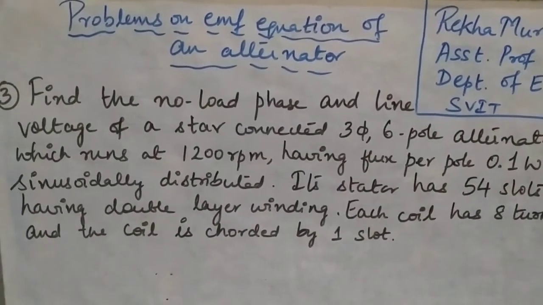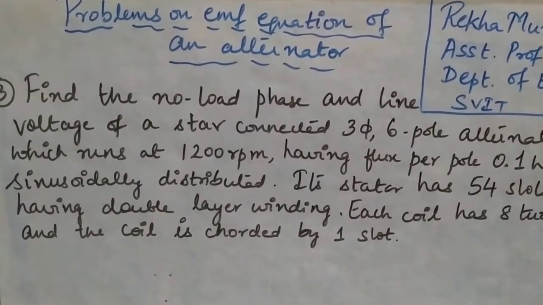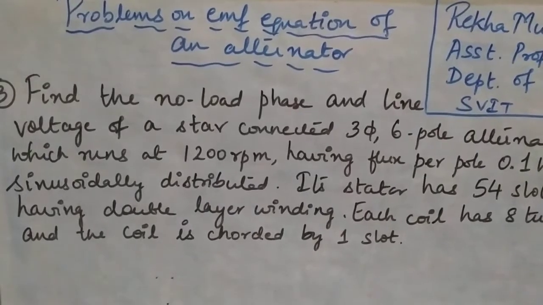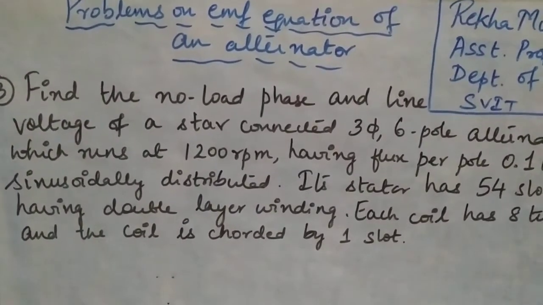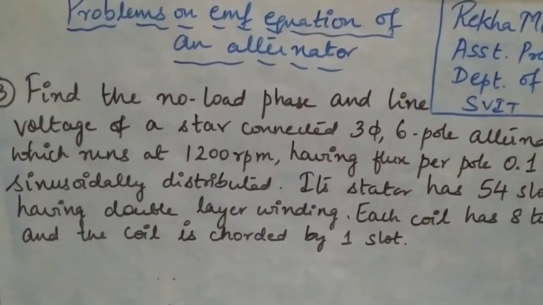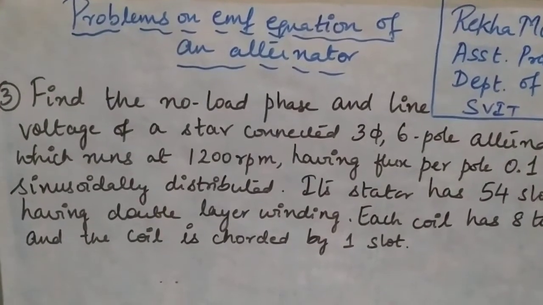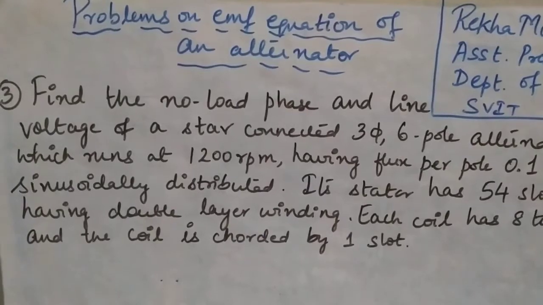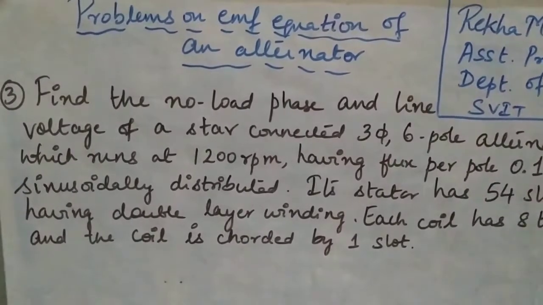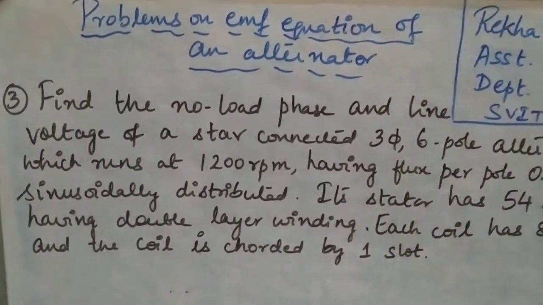So here we need to find out the no load phase and the line voltage. That is nothing but the EMF. As we have solved in the previous two sessions, we have made use of the EMF equation of an alternator. In the same way, we have to solve this.